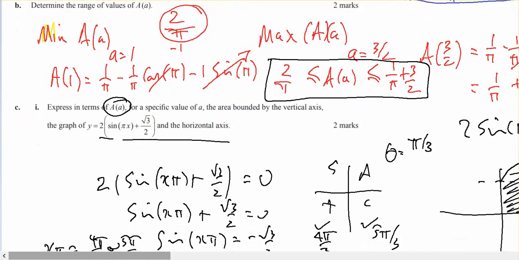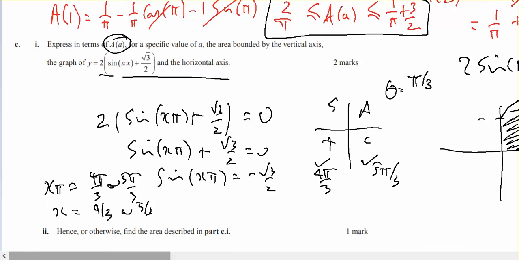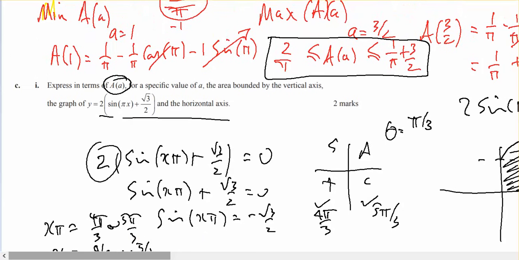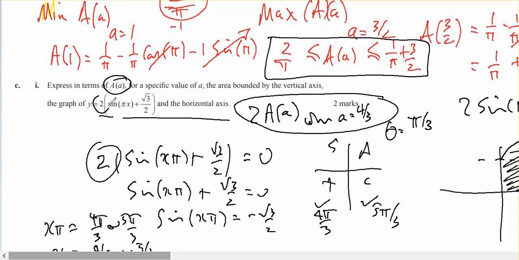So if this is 2 lots, then the area represented here is 2 lots of A of a when a equals 4/3, because it's being multiplied by 2.